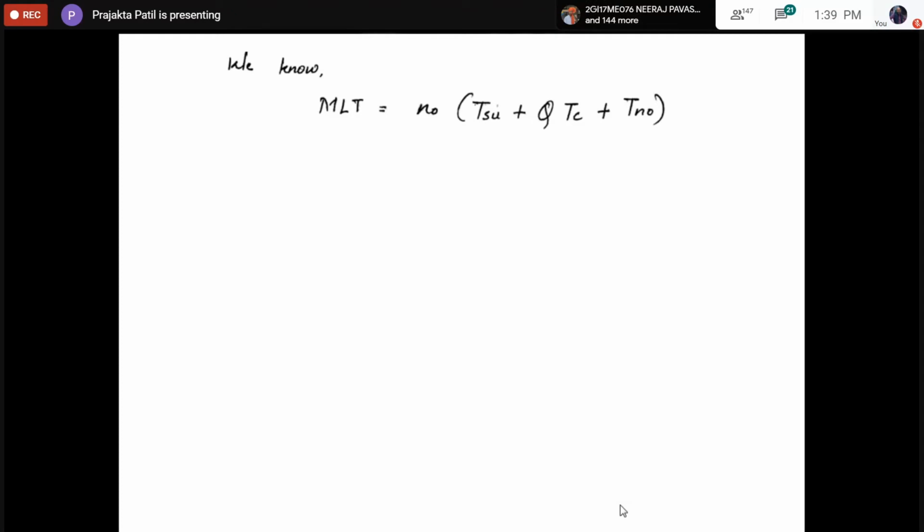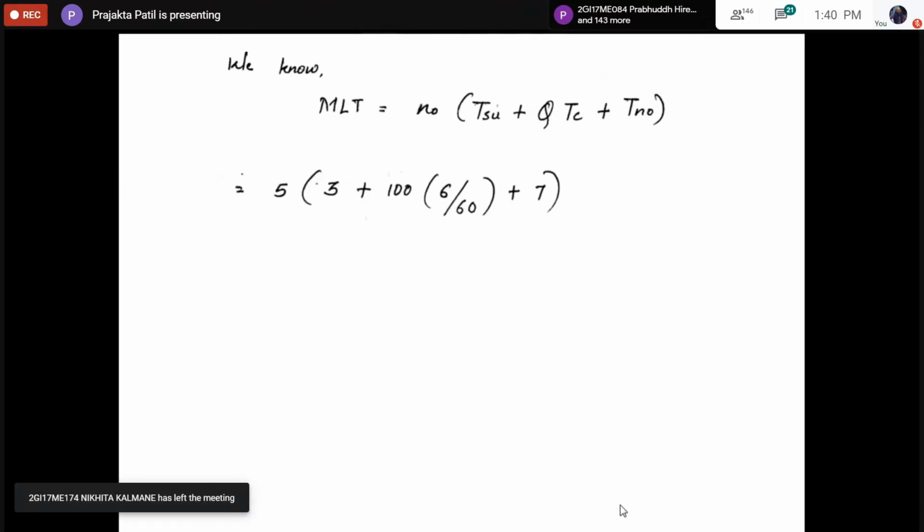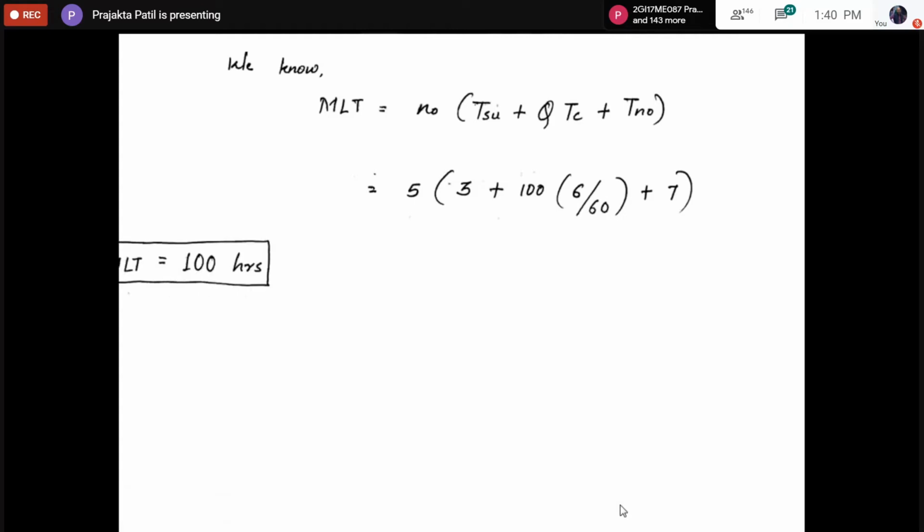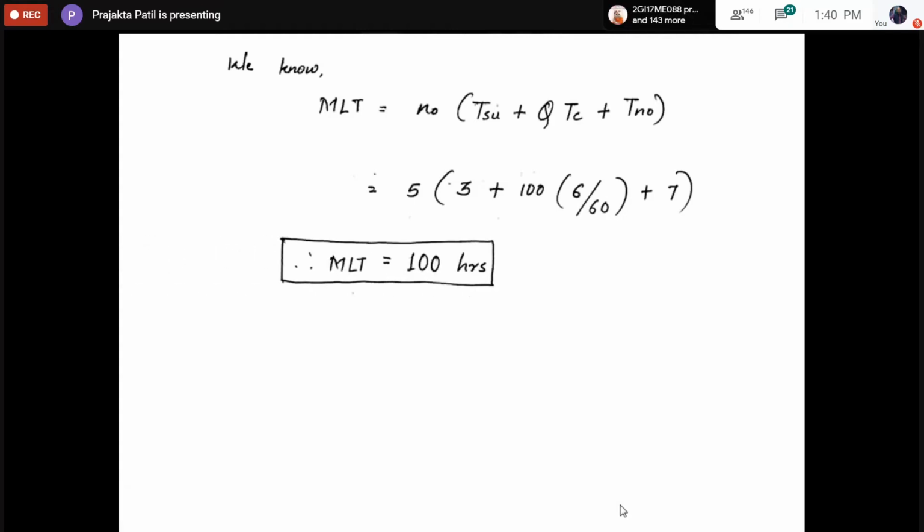First, find out what the manufacturing lead time is. 100 hours. It's a very simple substitution. We get manufacturing lead time as 100 hours. The unit is correct, hours.